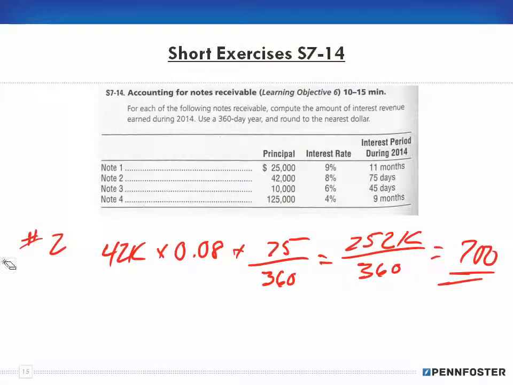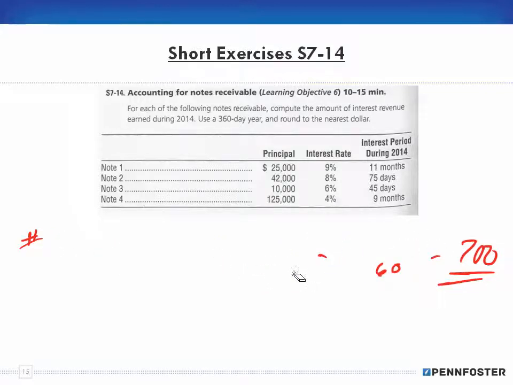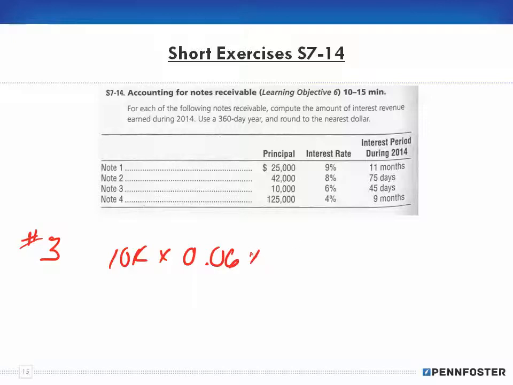So go ahead and pause the video. All right, number 3, I have 10,000 times 0.06 times 45 over 360. Remember, we're using the 360 because it's telling us to use a 360-day year.